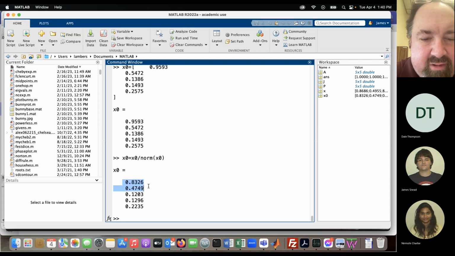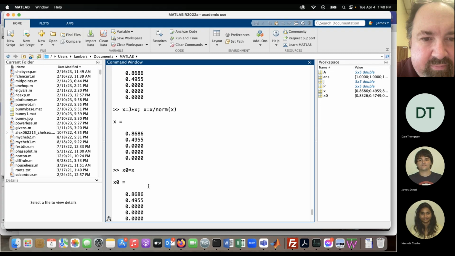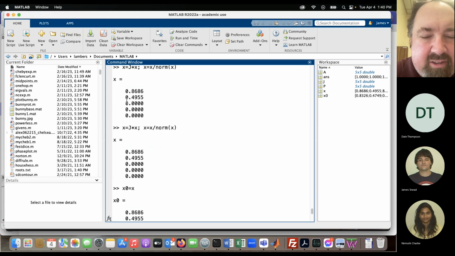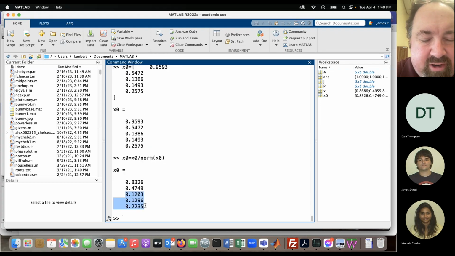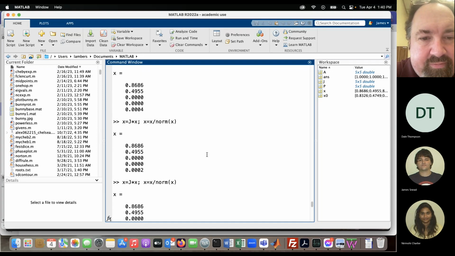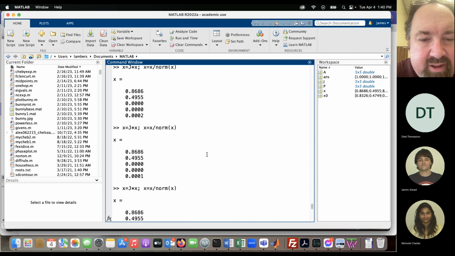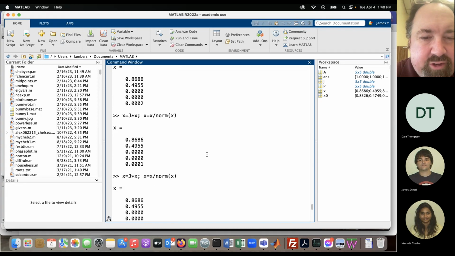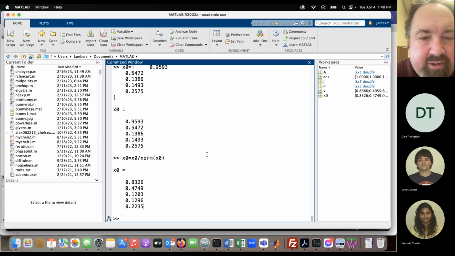Yeah, these numbers are not going to be the same, because these entries are still here. Well, what happens is each time through, I multiply by j, and then I normalize the vector. But as we can see from these iterations, the power method applied to such a vector does converge. And it converges to some vector in that invariant subspace.